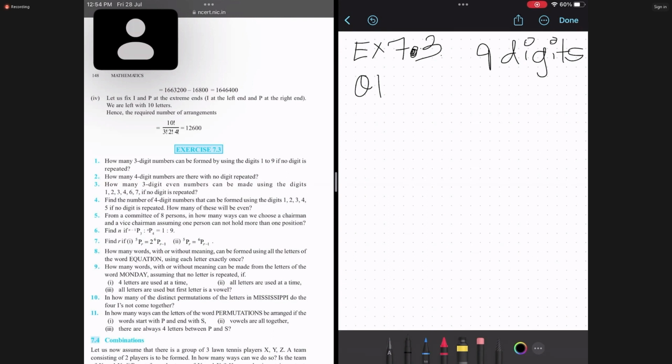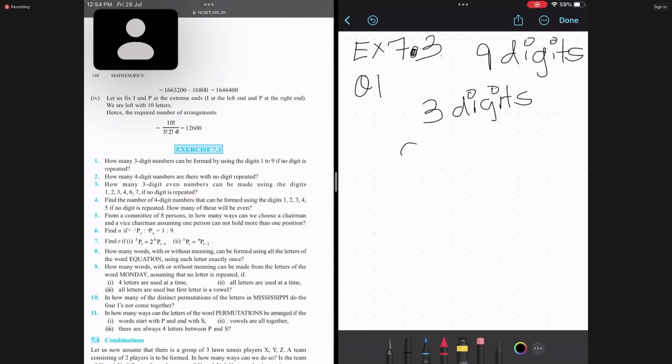So earlier, what we used to do to approach such questions is we used to make these 3 places, and we used to fill these places with appropriate choices, and we used to arrive at the answer. But now, having studied permutations, we have a more efficient way of doing these things. So rather than filling in these places, the question straight up asks us to permute 3 digits from 9 digits and make them fill up places.